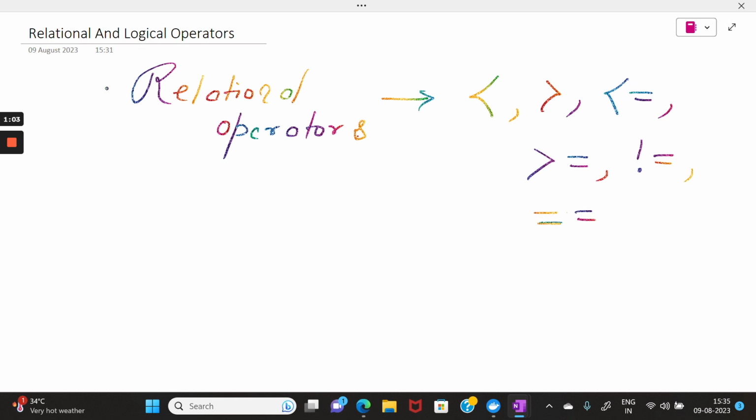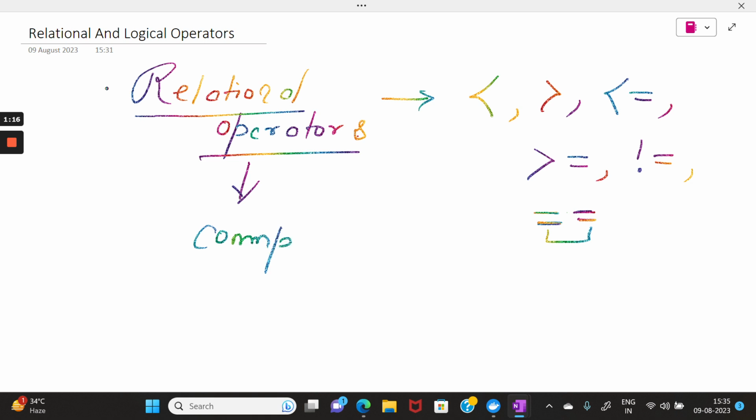Please note that a single equal to is an assignment operator, but we have used double equal to, that is a relational operator. It's used for comparison, making a comparison between the two operands. If we have two operands and we are using a relational operator, we are making the comparison between the two operands.